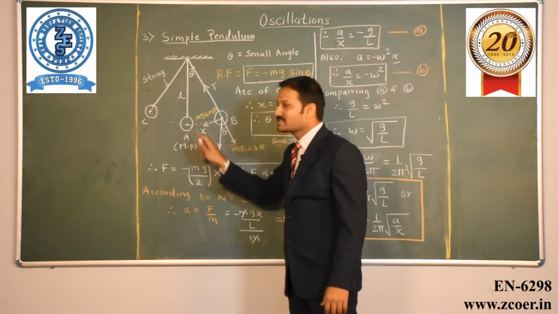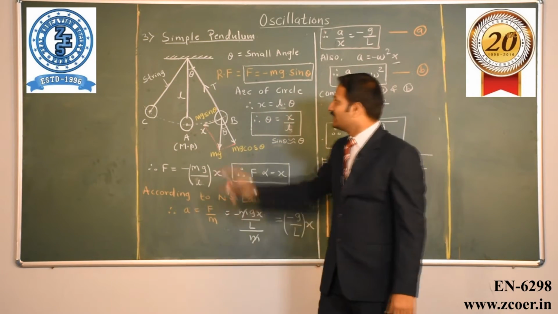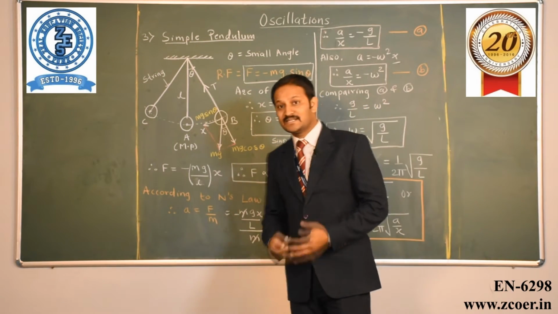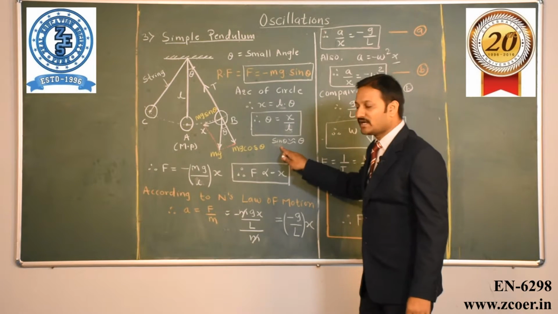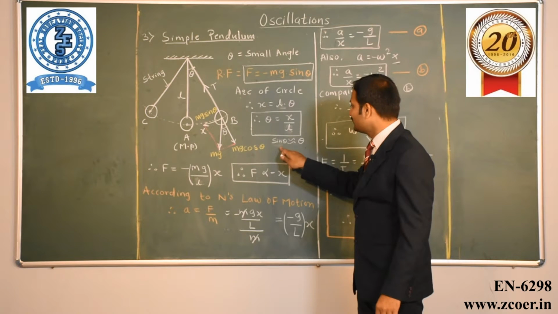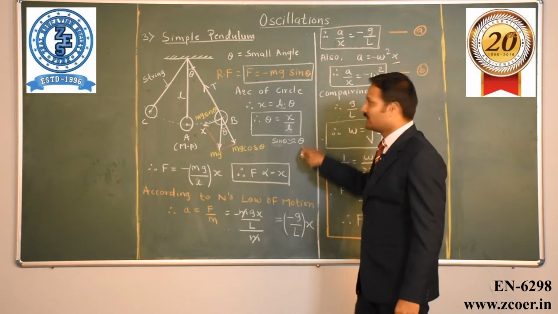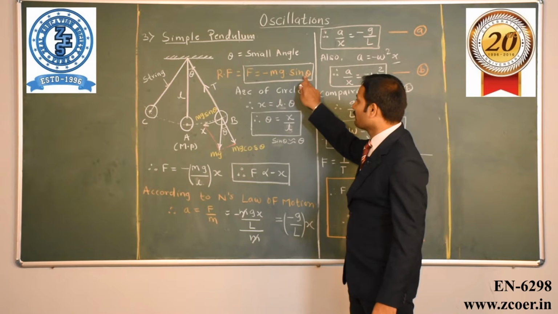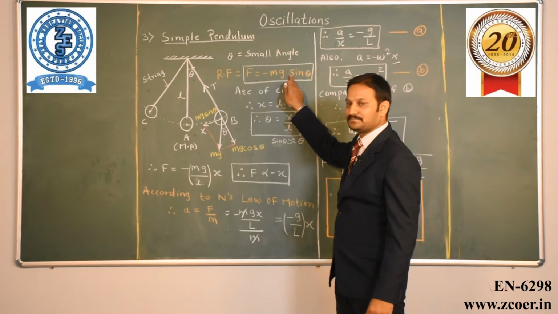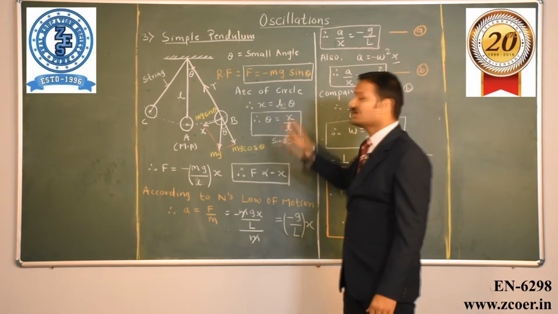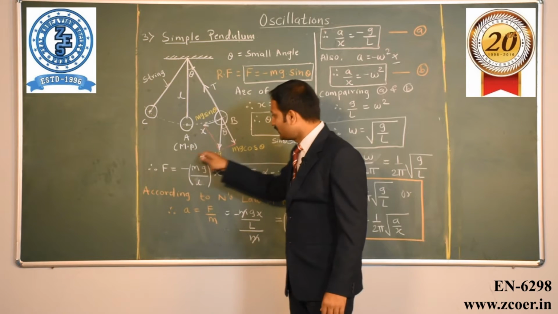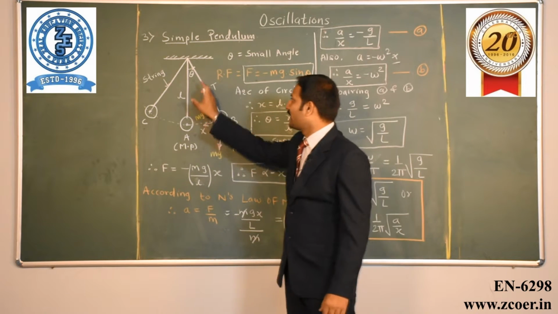Now, for this particular practical simple pendulum, theta is very small. For an angle of around 6 degrees, sin theta is almost equal to theta, and we are going to consider that condition only. So, putting sin theta equal to theta, what I will get is F equals minus mg into theta. Now, according to the arc of a circle, you have displaced this particle from its mean position in anticlockwise direction through an angle theta.